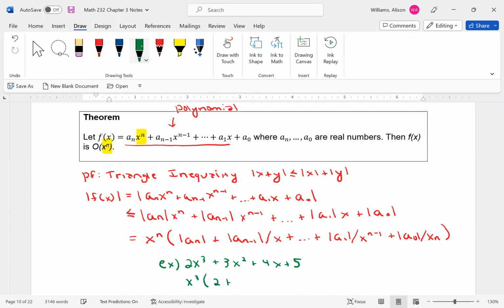The second term is going to be 3 over x, because it only has an x squared to give me. Here, this is going to be a 4 over x squared, because it only has an x to give me. And this is going to have a 5 over x cubed. So when I factor out that lead variable, all the rest of them are going to have fractions except the very first number. All right, that's what I just did.